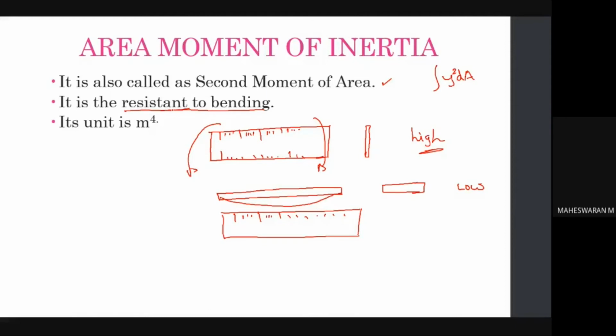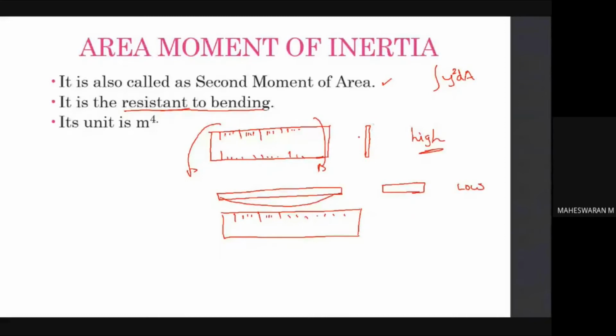You will use these things in any columns in your buildings or whatever it is. How you keep your column plays the major role. You should not keep your column like this. If you keep it like this, what happens? You have a higher load, so your column will bend and your building will get damaged, right? You have to keep a column like this.